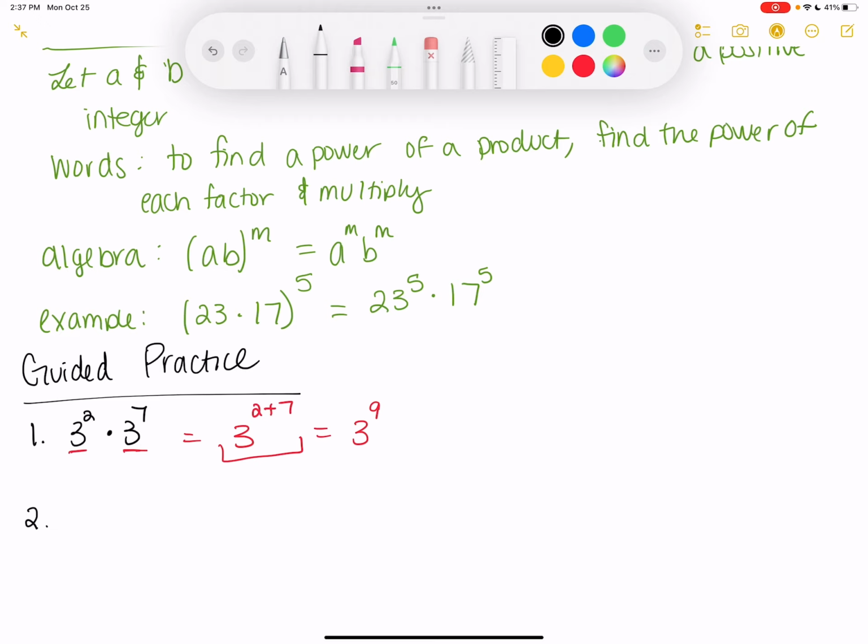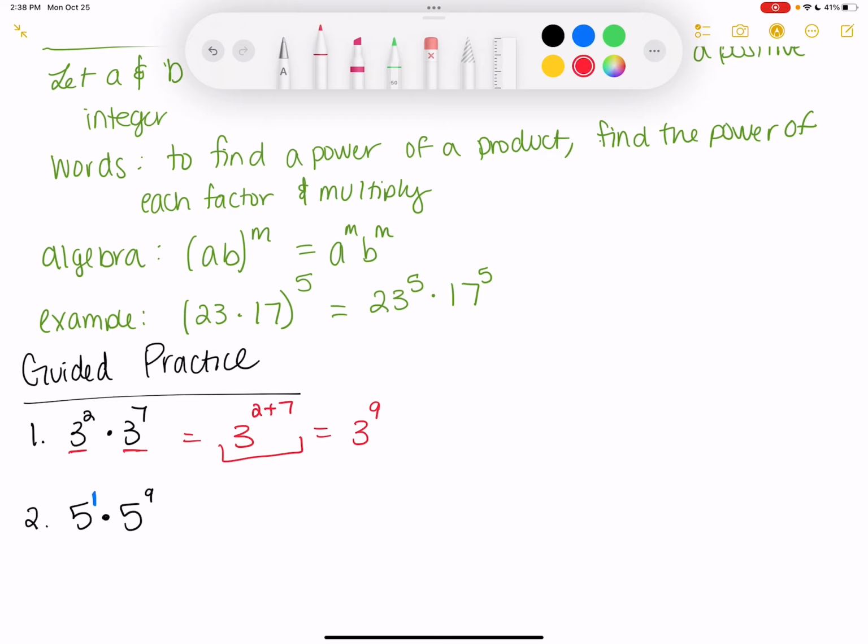All right, the next one is 5 times 5 to the 9th. Now, this is something you may not have seen, or it may have been a while. What exponent is on this first 5? 1. A 1 is there, so just don't forget that when you go through to do these.